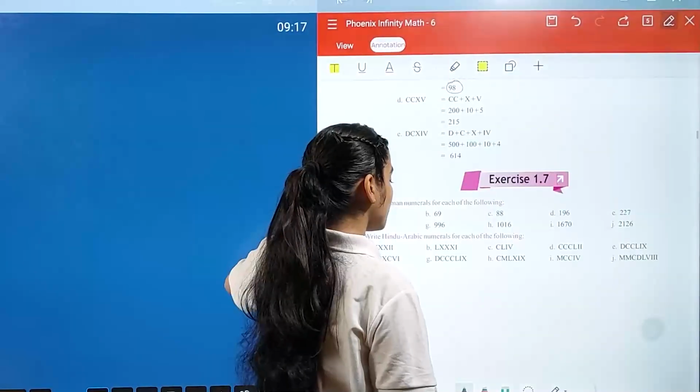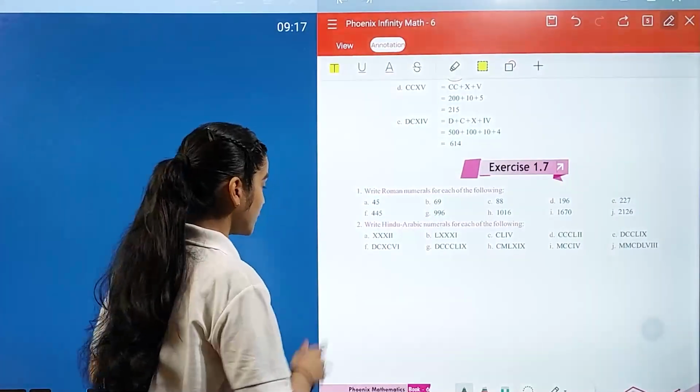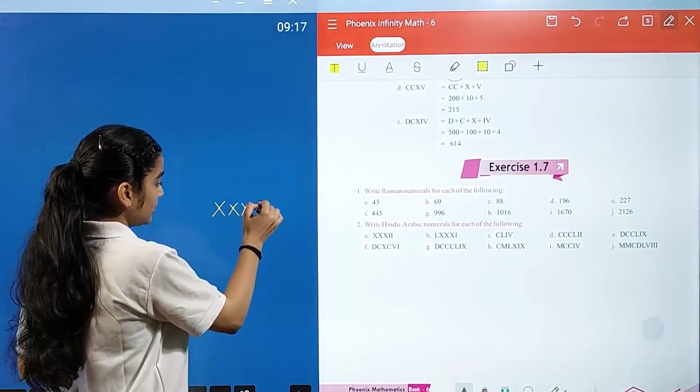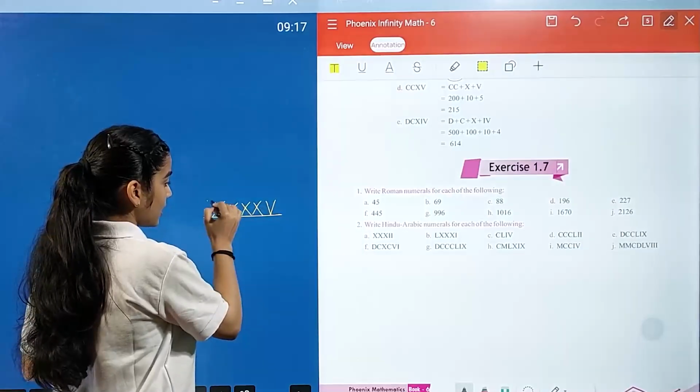Now we move forward to our exercise where we have to write Roman numerals for each of the following. So this is your 45. 10, 10, 10, 10 is 40, and for 5 you can represent it like this.